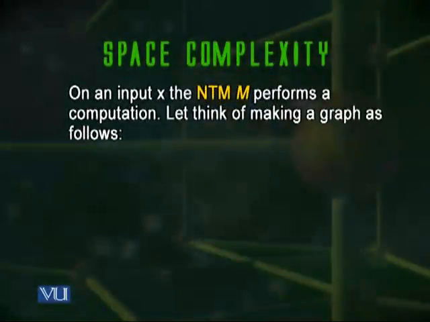Let's consider an input X to the non-deterministic Turing machine M. The machine M will perform a computation. Let's think of making a graph as follows. The vertices in this graph are going to be all the configurations of this Turing machine M on the input X. Let me elaborate.